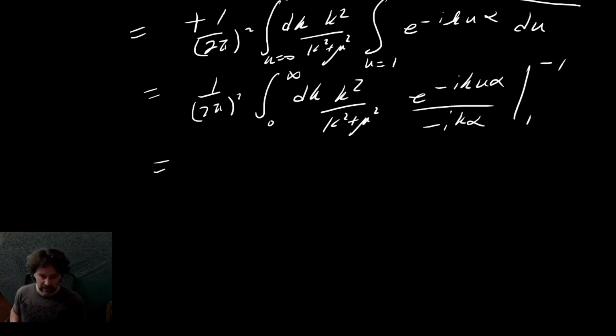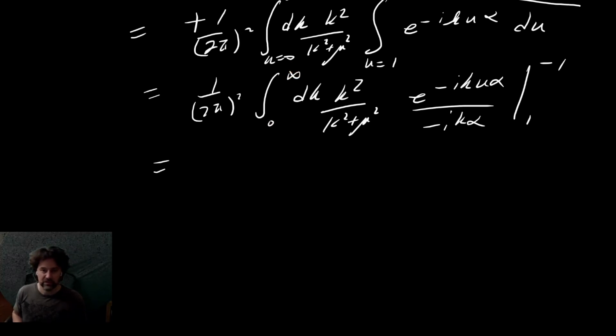We have a k squared here and a k here, so one of those k's cancels out. And minus I alpha is a constant. We can take that out of the integral. We're going to be left with an odd function of k divided by an even function of k and an exponential. And that will be important because we're going to see how we can change this integration range from 0 to infinity to minus infinity to infinity.